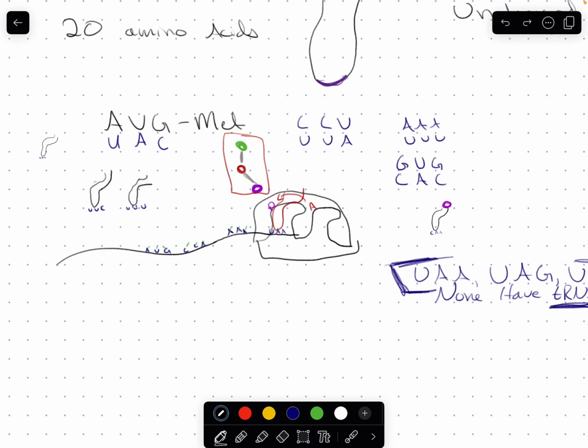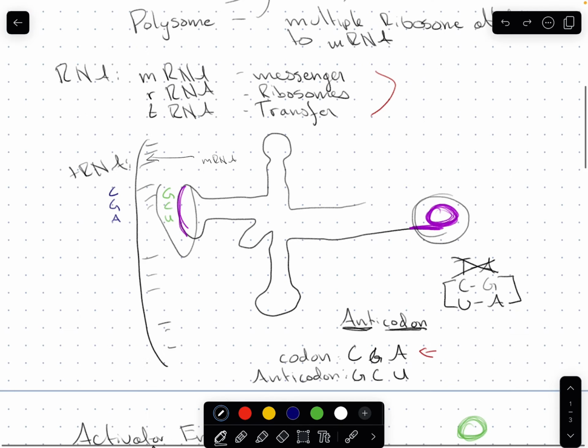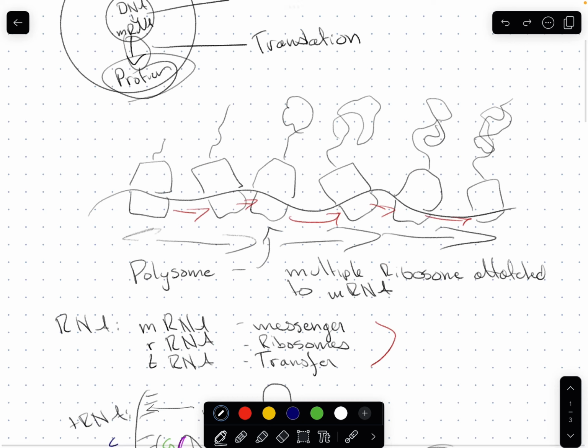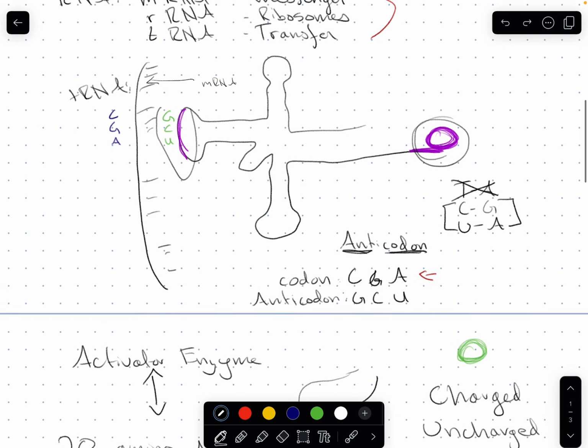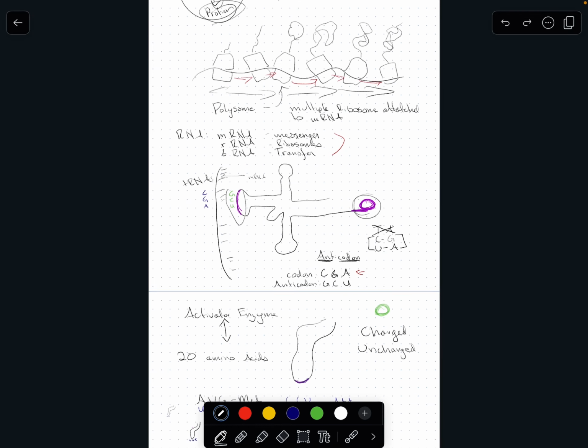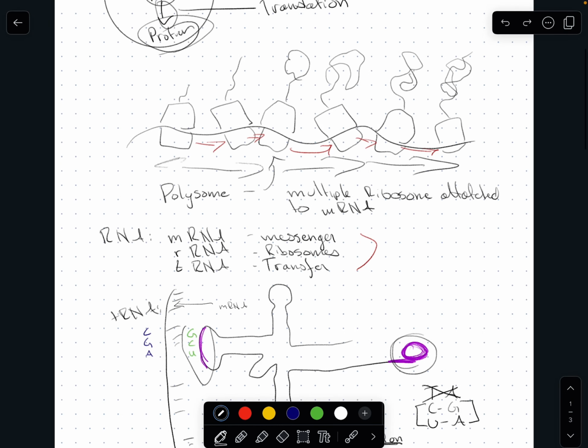A polysome is just what we talked about up here. It's a bunch of different ribosomes attached to the mRNA strand. Our transfer RNA are strands of RNA that transfer and move amino acids to ribosomes so that they can be coded.